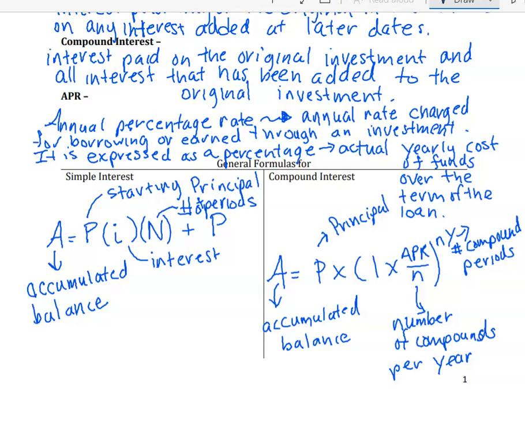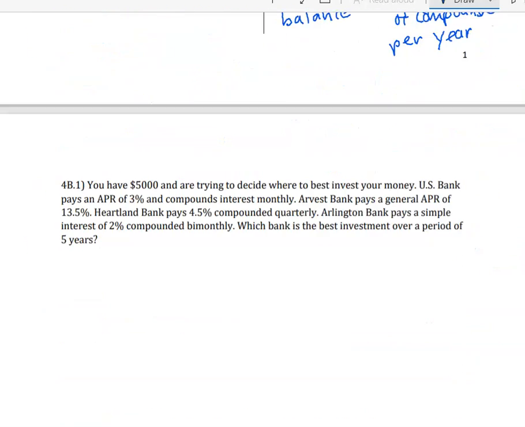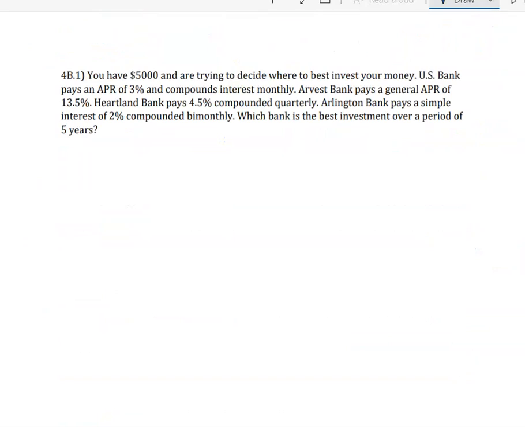So I think the best way to delve into this is to work some example problems. Our first problem says you have $5,000 and you're trying to decide where to invest your money. U.S. Bank pays an APR of 3% and it compounds interest monthly.